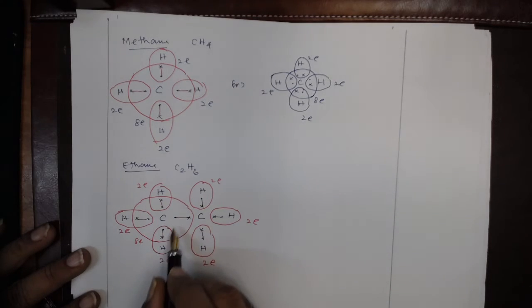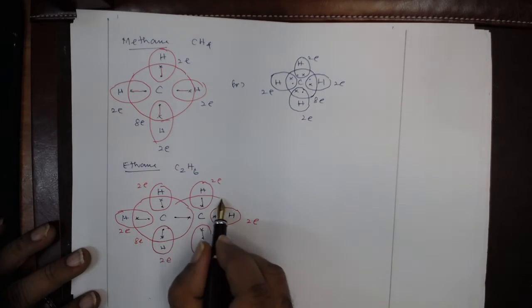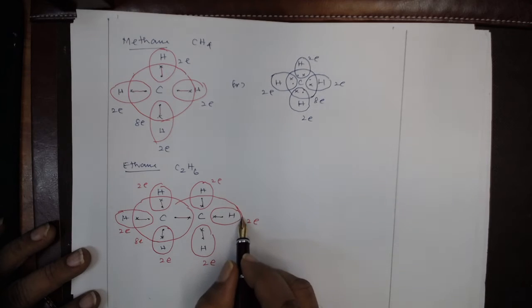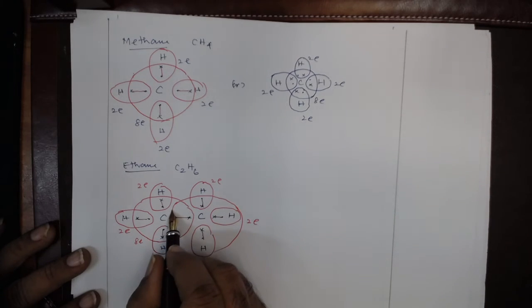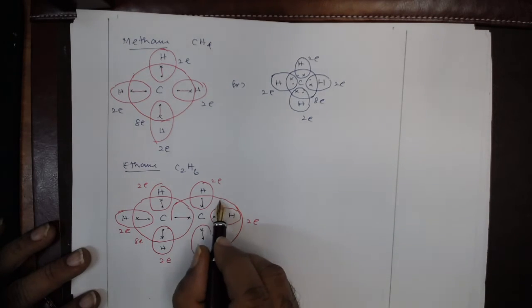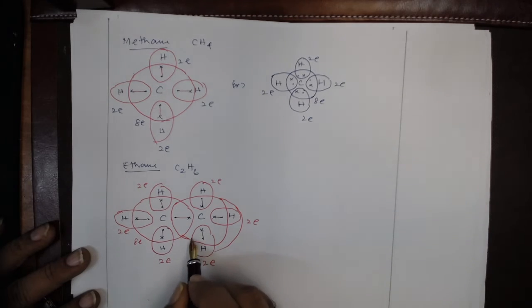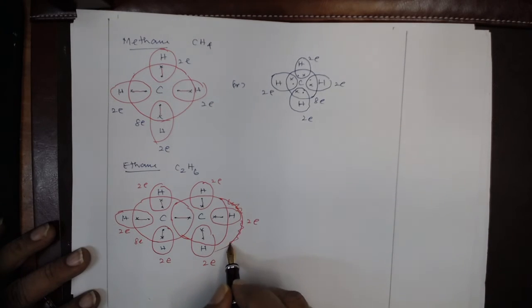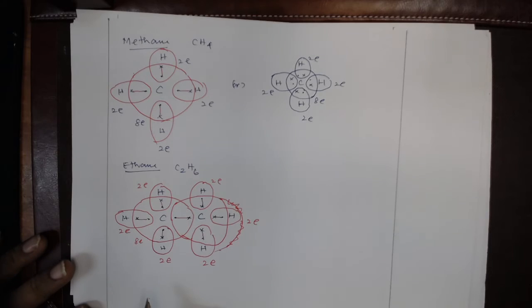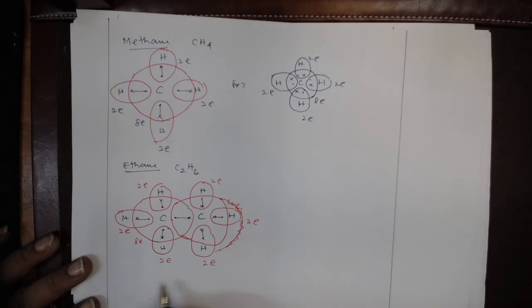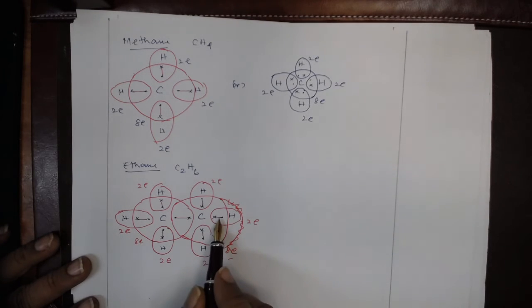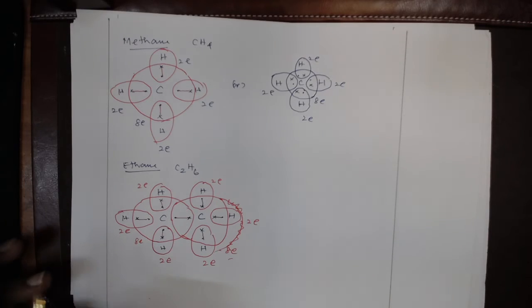You have to include like this. You have to include here only this much. Forget about this. You have to include only the shared bond. Okay. So likewise, it can also have 8 electron system. So 2, 4, 6, 8.